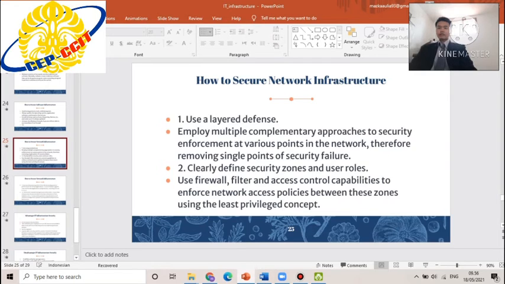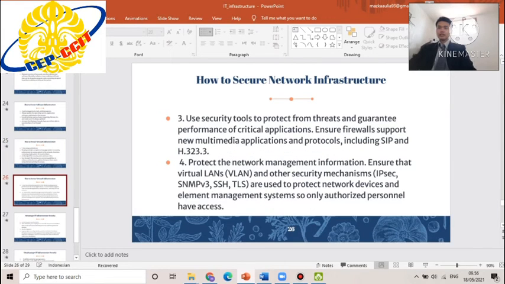Use firewall, filter, and access control capabilities to enforce network access policies between these zones using the least privilege concept. Third, use security tools to protect from threats and guarantee performance of critical applications. Ensure firewalls support new multimedia applications and protocols, including SIP and H.323.